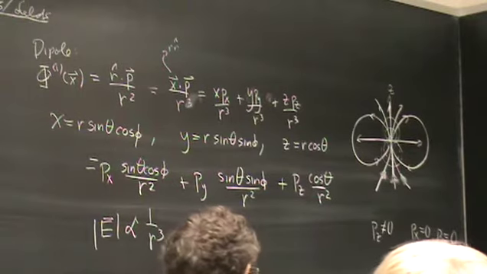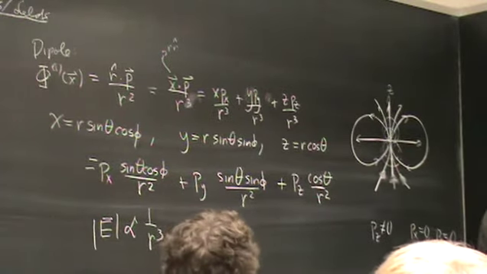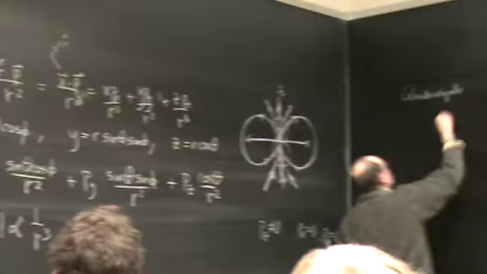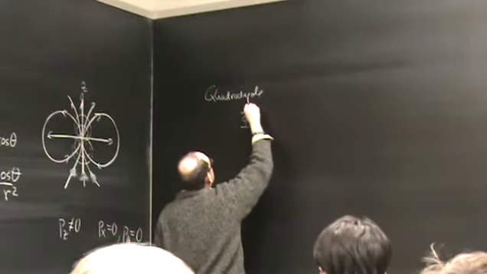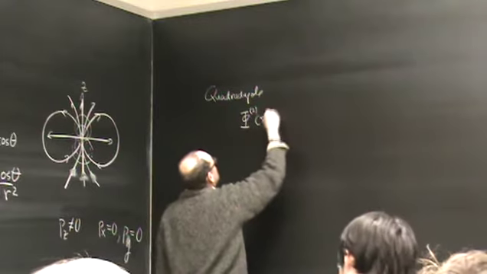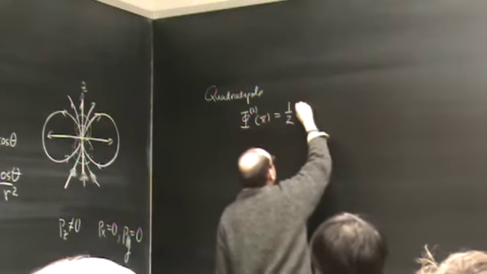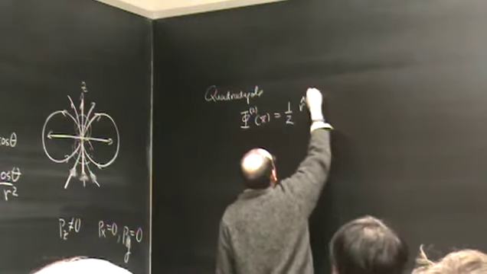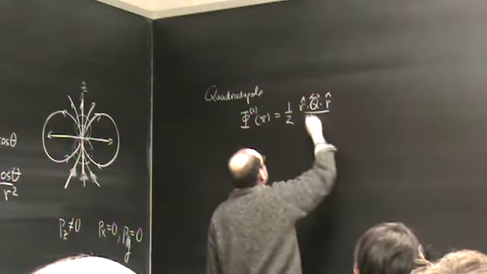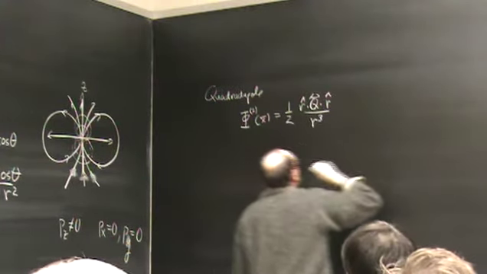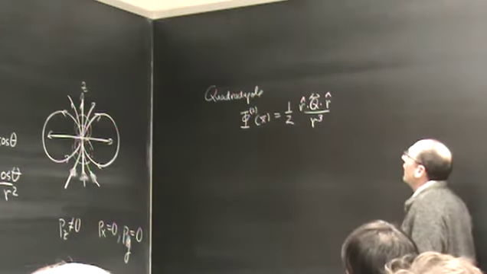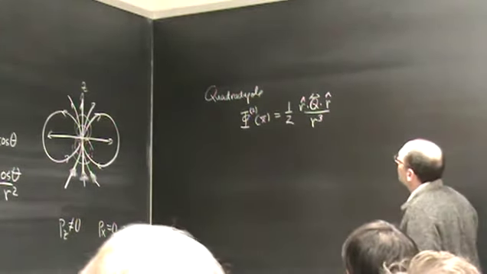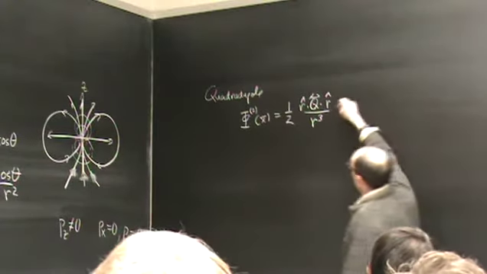For a quadrupole, again, this is a half r hat dot Q dot r hat over r cubed, multiplying top and bottom by the magnitude of the observation distance squared.